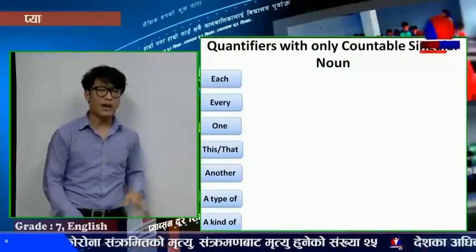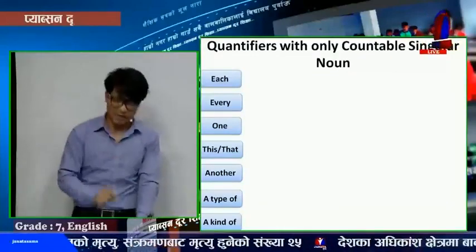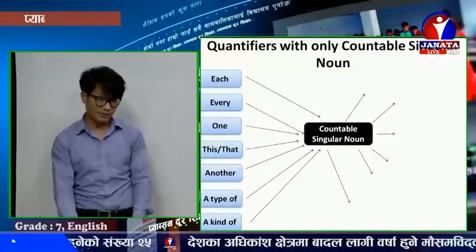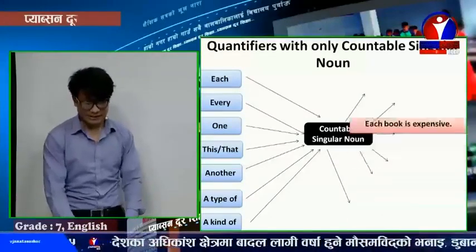After these quantifiers, you need to use only a countable singular noun. You should use only a singular noun after these quantifiers. Like you can see in the example, countable singular noun. Now let's see the examples.